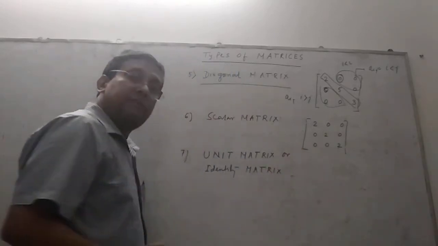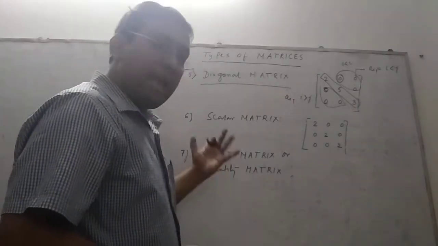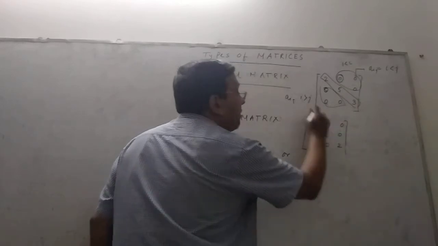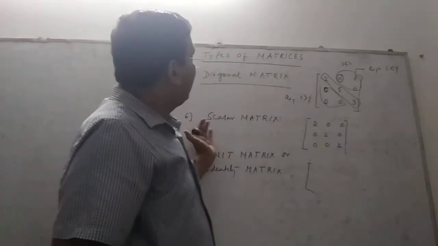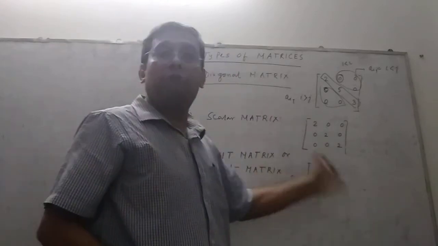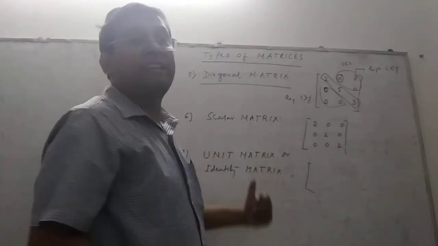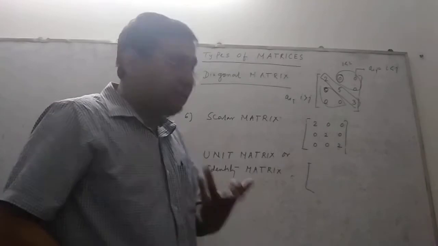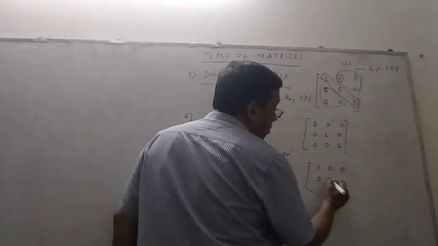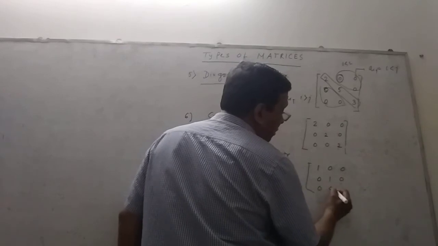The unit matrix or identity matrix is defined when the primary diagonal elements are 1. When in a scalar matrix all the diagonal elements are 1, that scalar matrix is the identity matrix. That is 1 0 0, 0 1 0, 0 0 1.